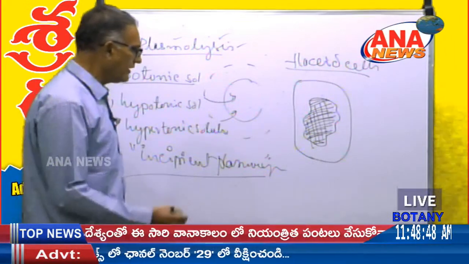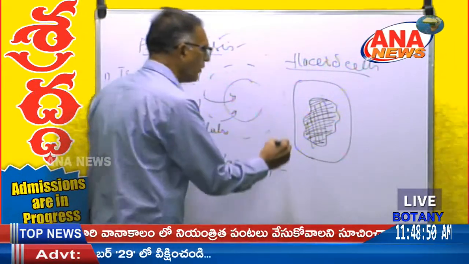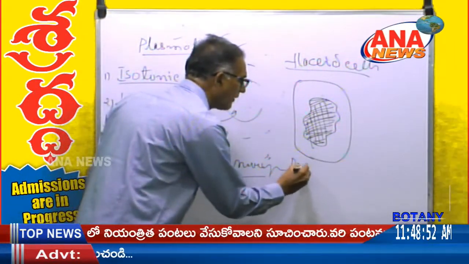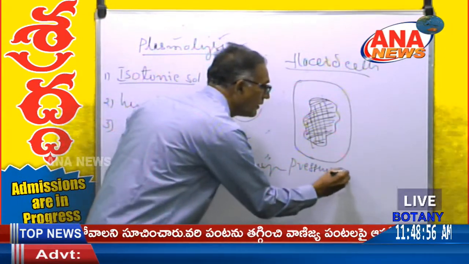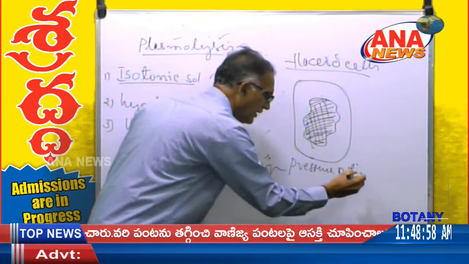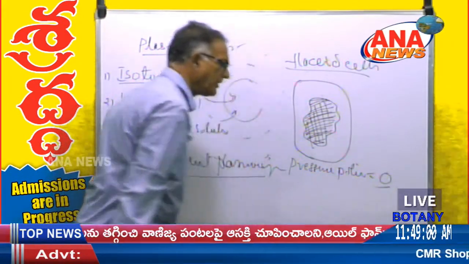In flaccid cells, the pressure potential is 0.